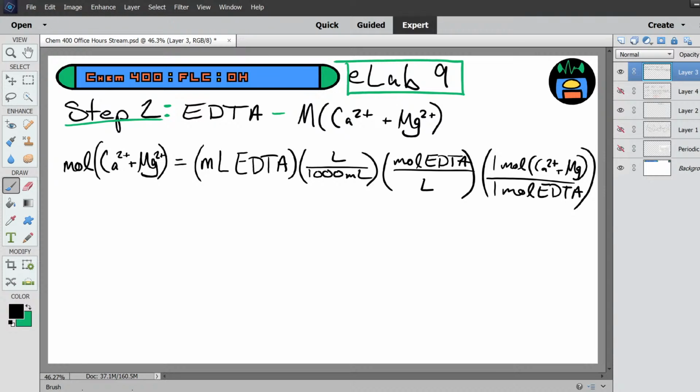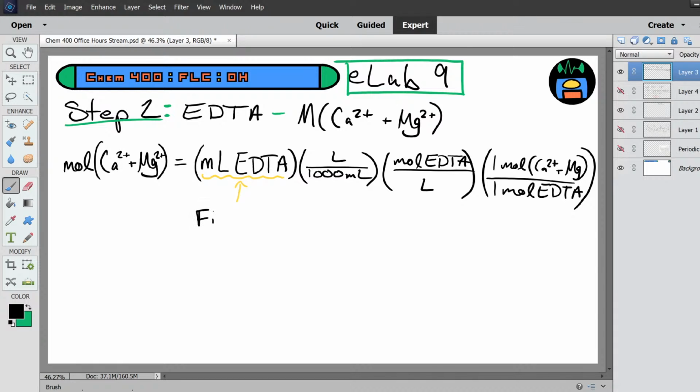All right, so this is the setup for calculating the moles of calcium together with magnesium. Now, just to highlight a few things. This right here is the volume of EDTA.